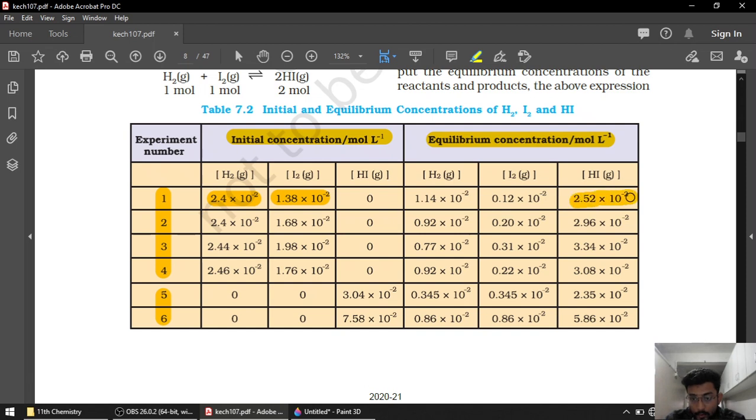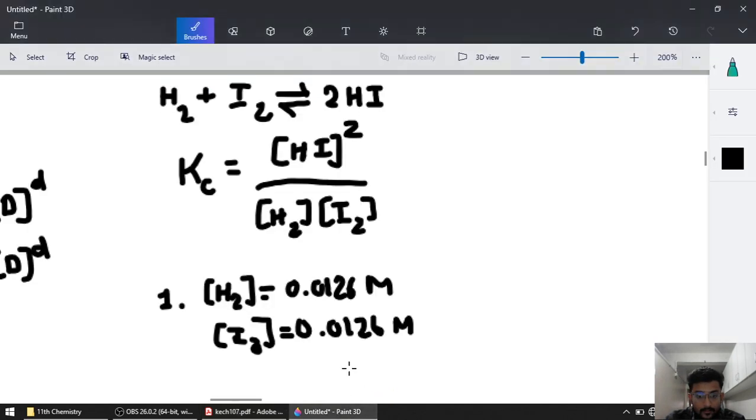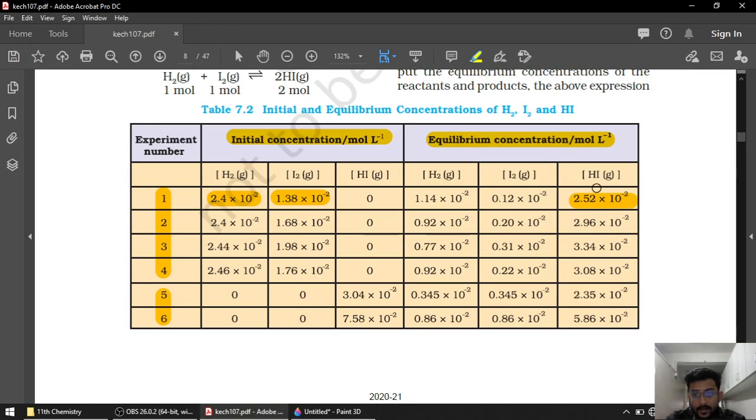Look at this, 2.52. If you add these two, you will get the amount of HI, which is 0.0252. Look at this in the table here. That means H2 and I2 are used equally and form double HI.